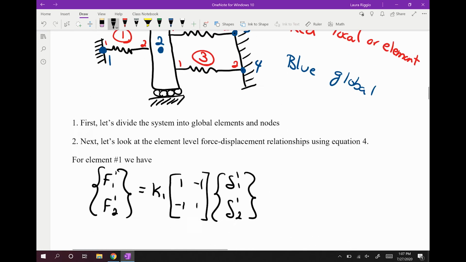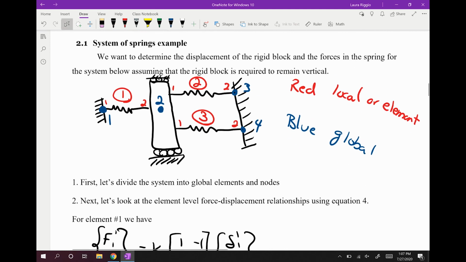I'm going to scroll back up to my picture because, yet again, I forgot there's an external load P applied at point 2.